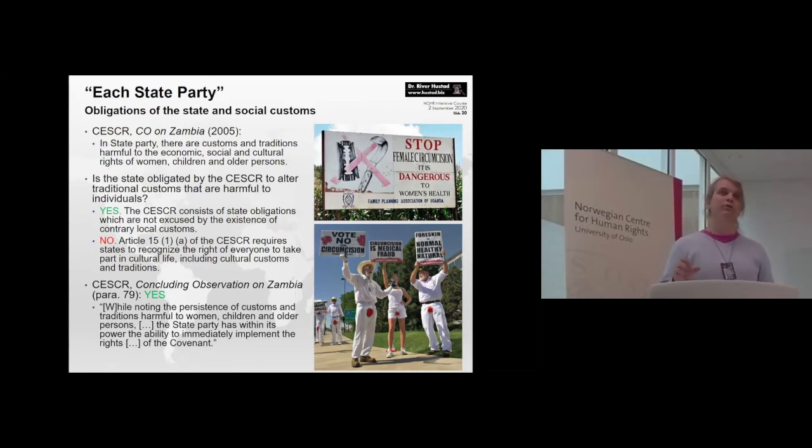There was a case, Toonen versus Australia, which was about gay rights, that states had to implement equality for all. Homeless people, they've addressed a number of times. I can't remember specifically anymore, but there's a number of groups that they've said the state is obliged to change certain social customs.